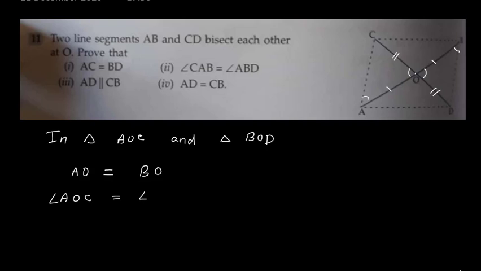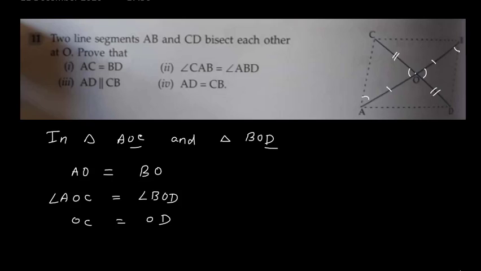So I will write in triangle AOC and triangle BOD, AO equal to BO. Angle AOC is equal to angle BOD, and side OC is equal to OD.